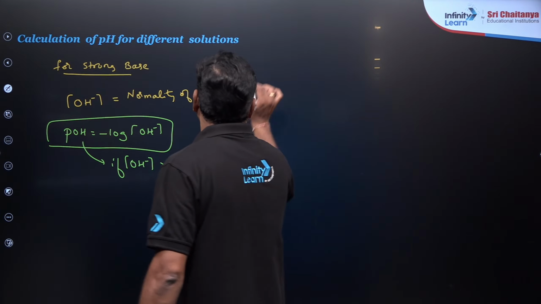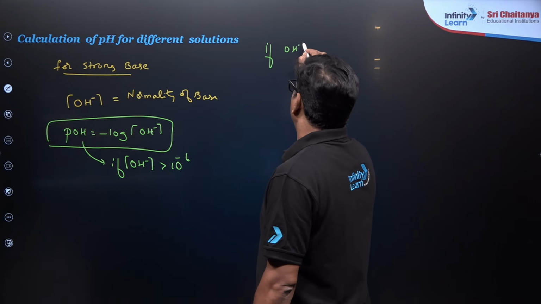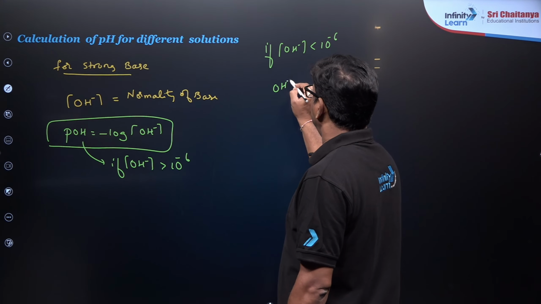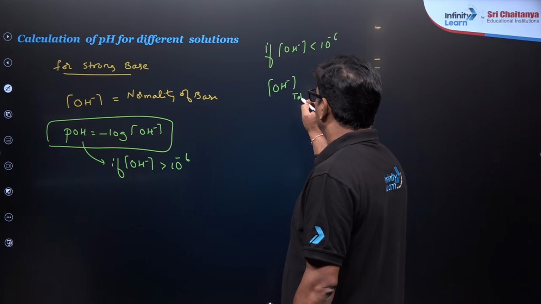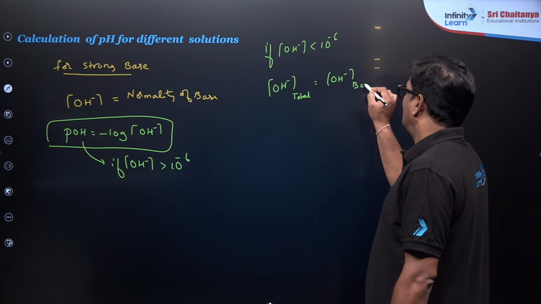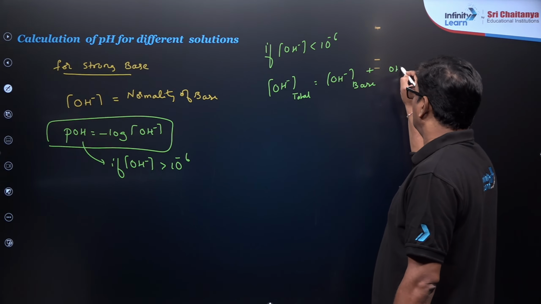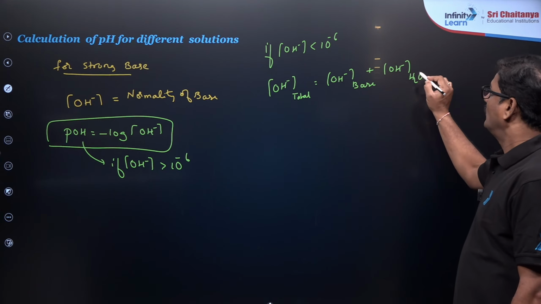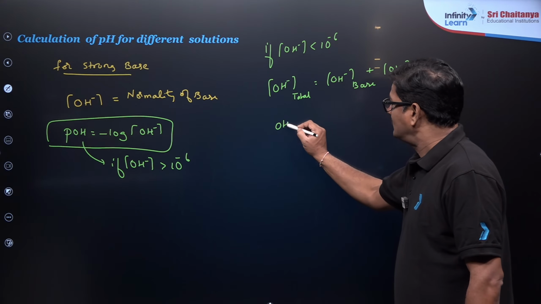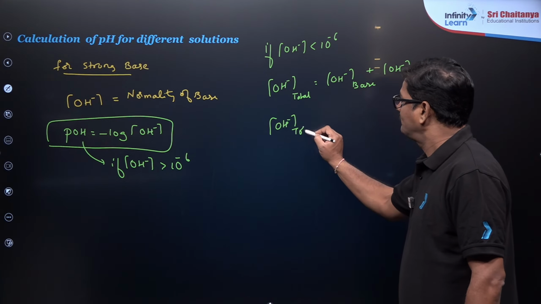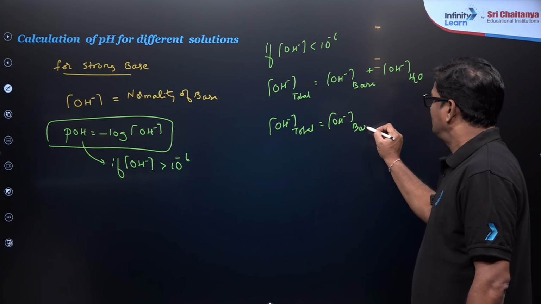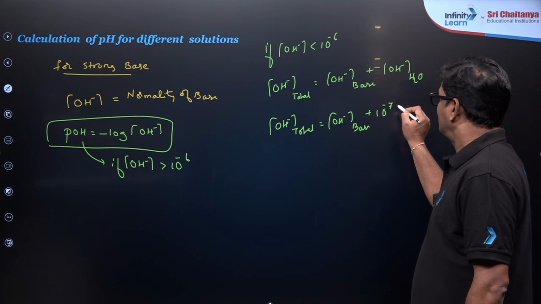If the OH minus ion concentration is less than 10 power minus 6, then you take the total OH minus ion concentration: the OH minus given by the base plus the OH minus given by the water. So the total OH minus ion concentration is equal to the OH minus ion concentration of the base plus 10 power minus 7.